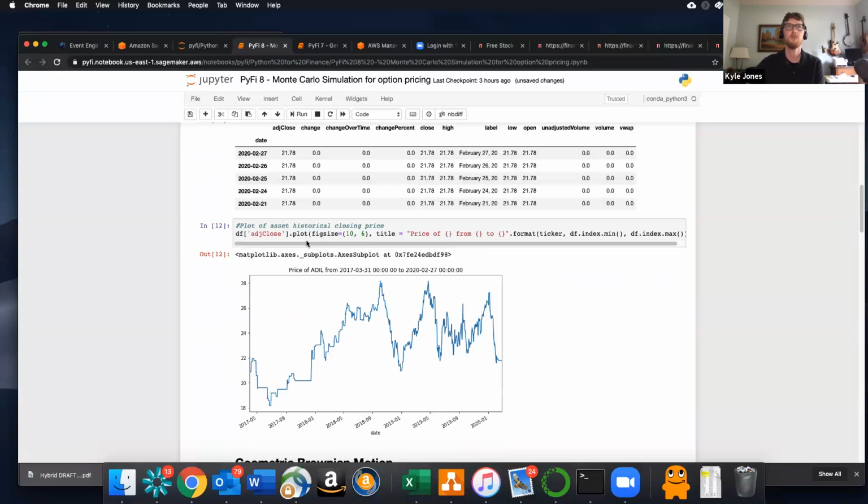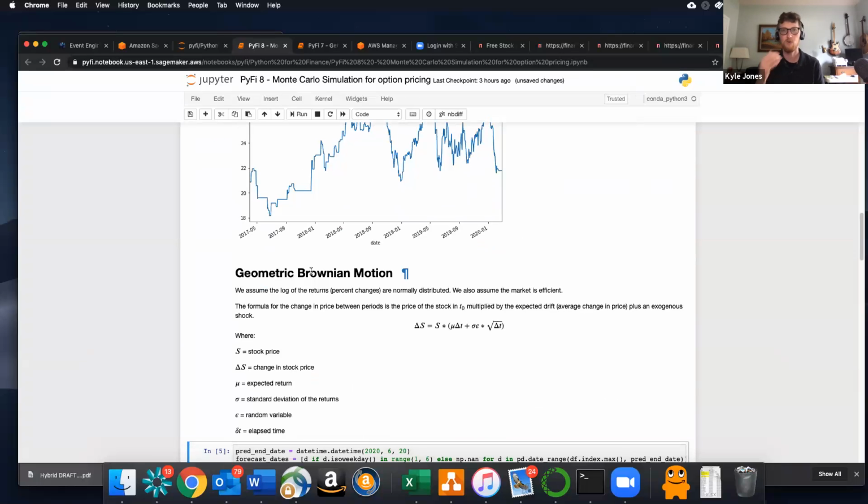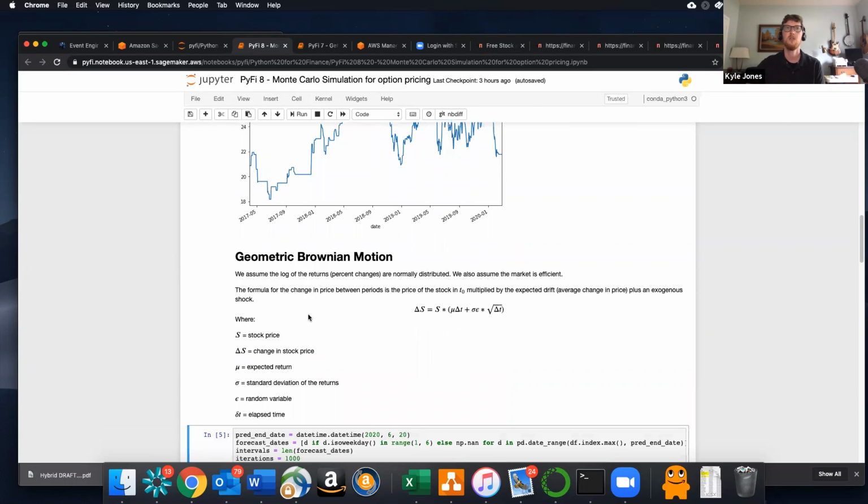So we're going to use Brownian motion, which just means a random change, in order to create our future cases. The basic concept is we have a stock price, and then that is changed every day based on the change in time and the volatility that we have. So we can use a random number generator that's going to produce random numbers based on a normal distribution.